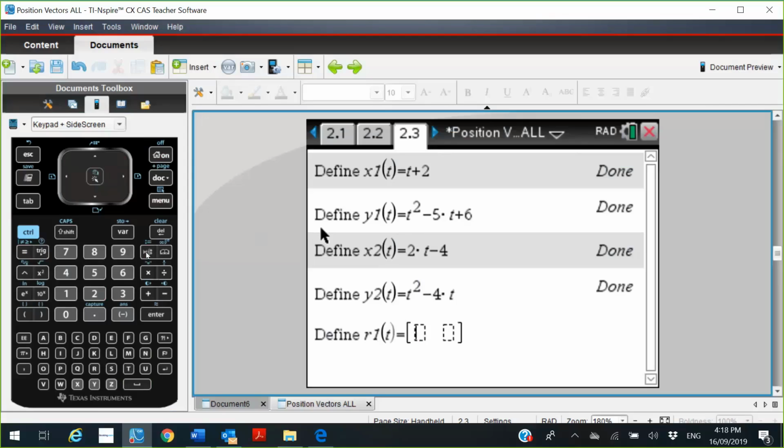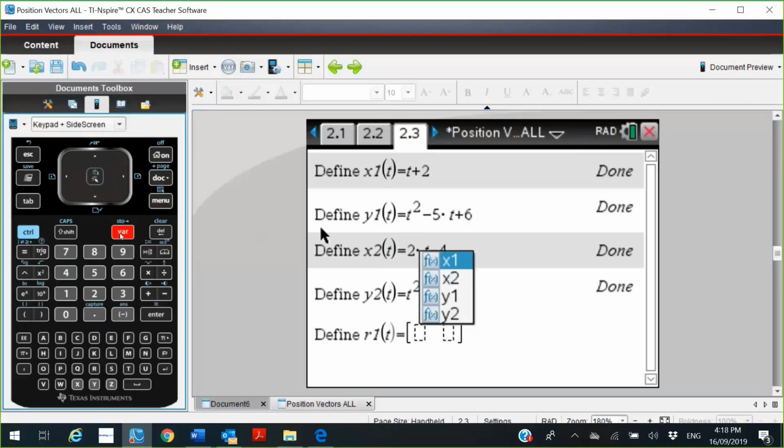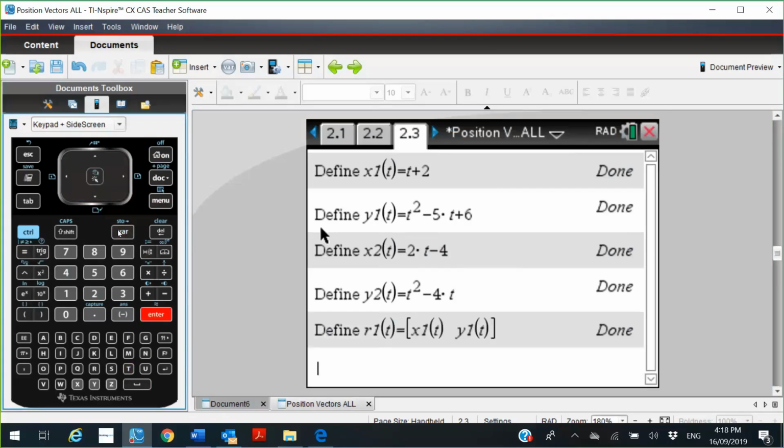In here I can type in x1 of t, pressing the right arrow, and now pressing in y1 of t. It's rather easy now just to redefine for R2. Let me just press up arrow and change all the 1s simply to a 2.